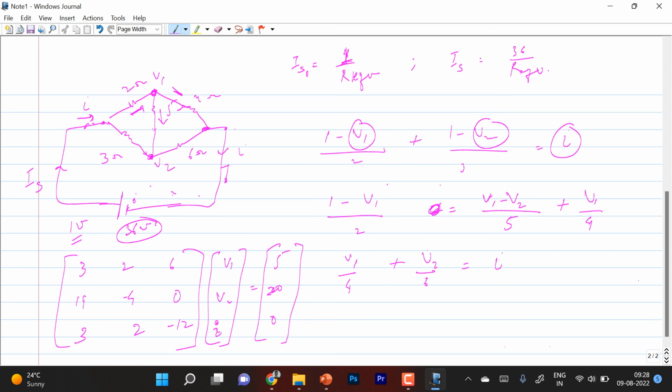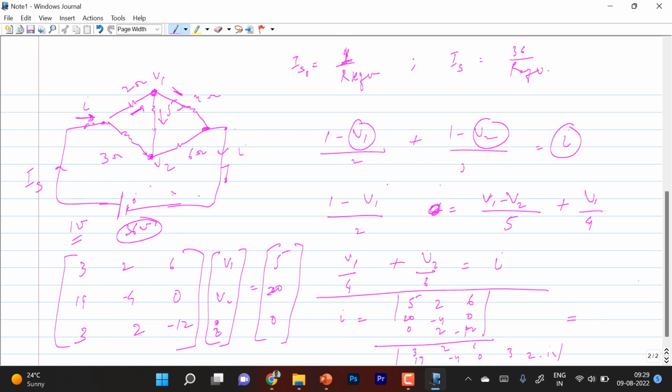Now you have to figure out the value of the current I. For current I, you will take the determinant with 5, 20, 0; 2, minus 4, 2; 6, 0, 12, and divide it by the determinant over here: 3, 2, 6; 19, minus 4, 0; and the bottom row 3, 2 and minus 12, right?